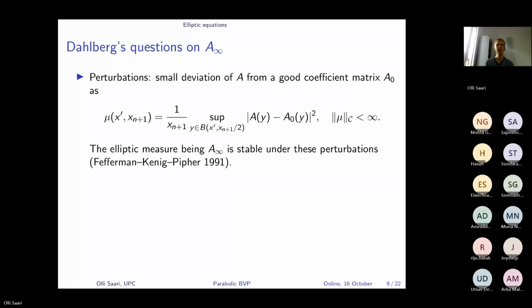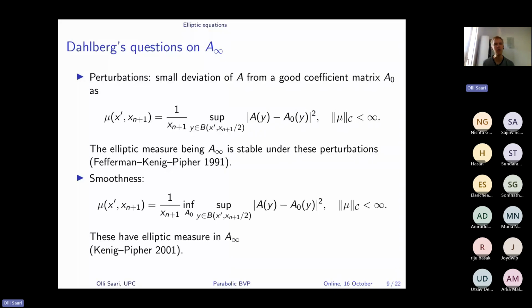And this question was answered in the affirmative by Fefferman, Kenig and Pipher in '91. So the perturbation question was answered: the difference being finite in the Carleson measure sense implies the elliptic measure is in A infinity. The second question was the smoothness question.